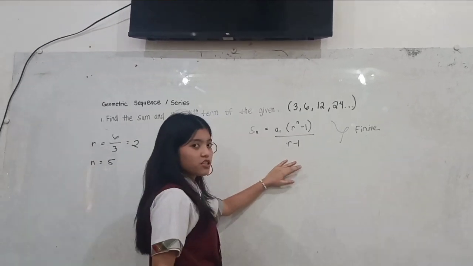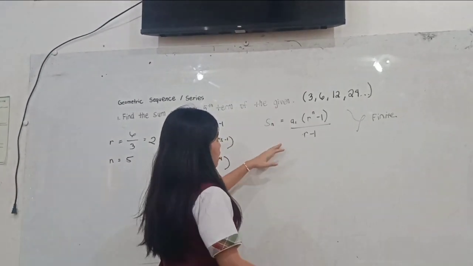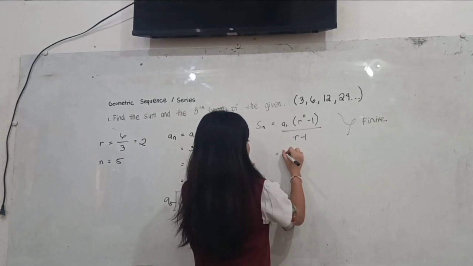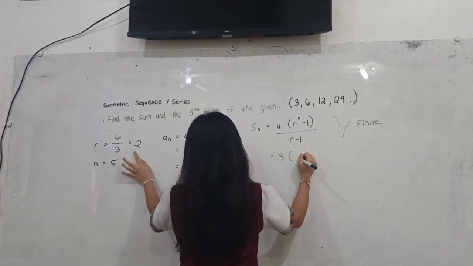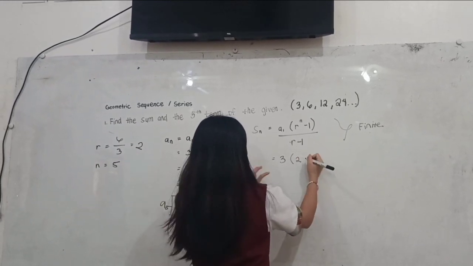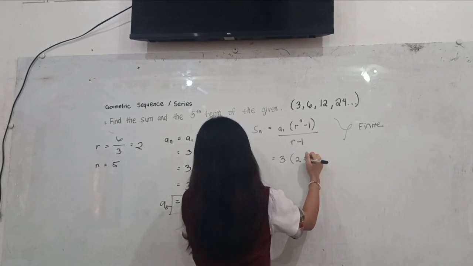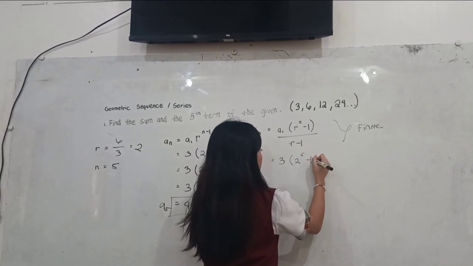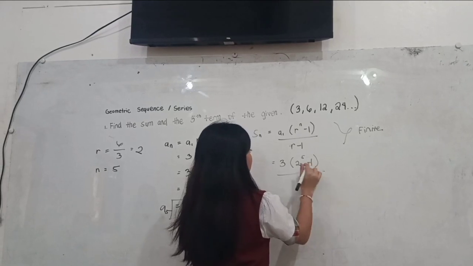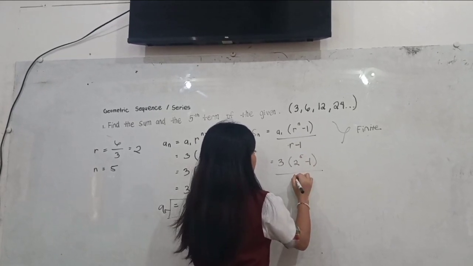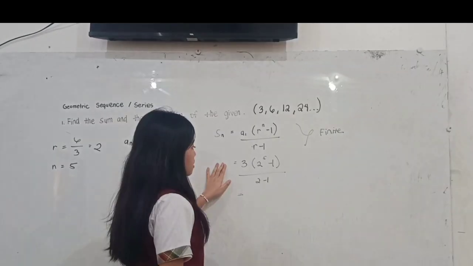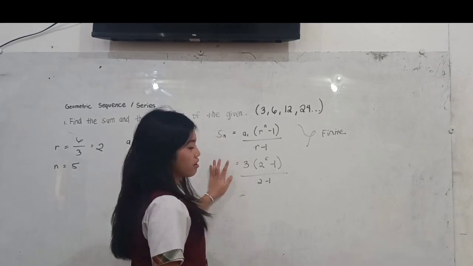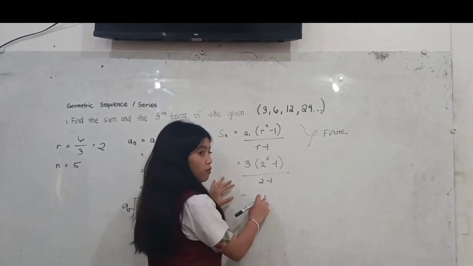Next, substitute the given into our formula. So a sub 1 is equal to 3, r is 2, and n is 5, over 2 minus 1. After substituting, we need to solve for the exponent.